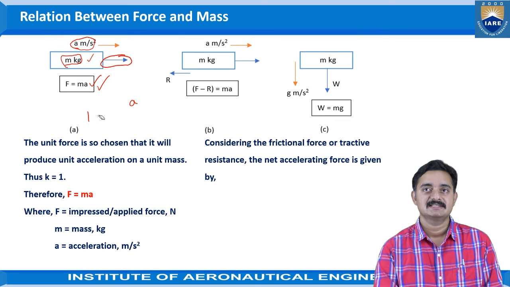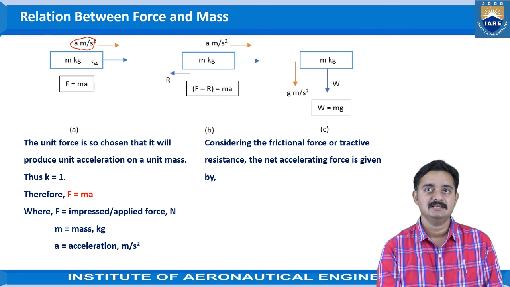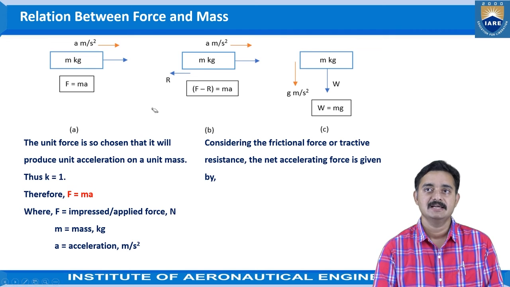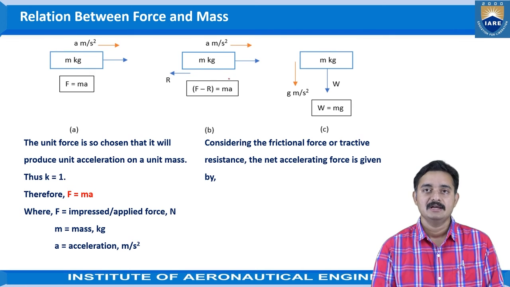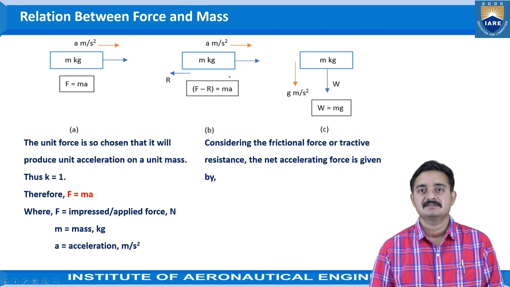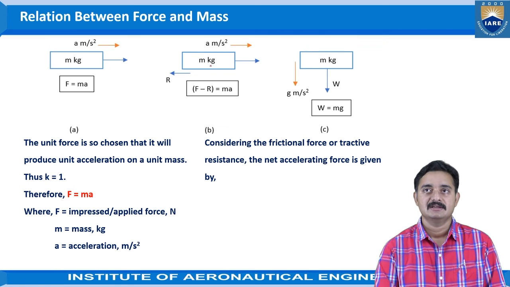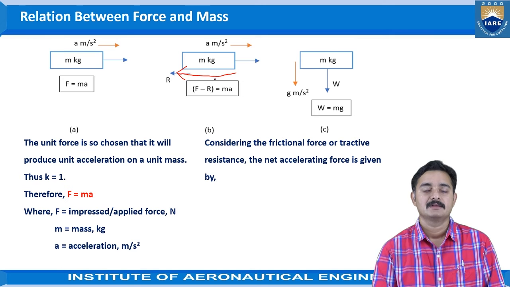Now considering the second case, here we are going to consider the frictional resistance, where because of maybe solid friction or fluid friction, there is some resistance offered by the medium.